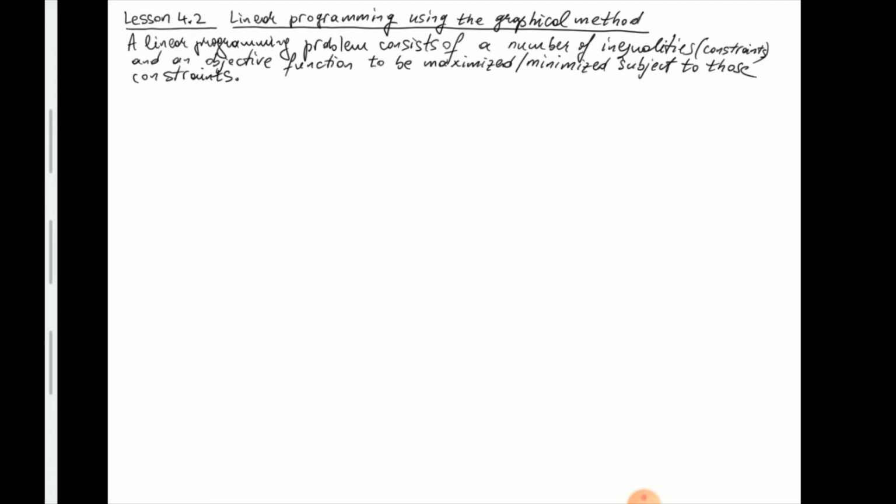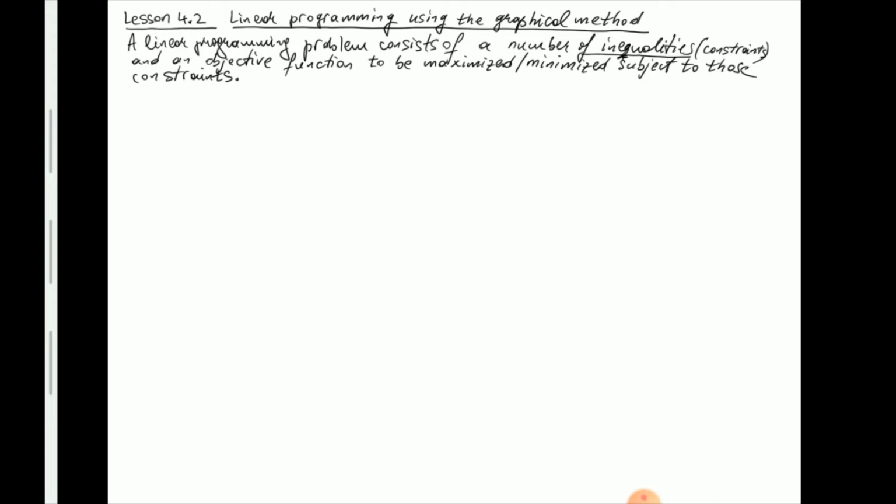So all linear programming problems will have two parts. You will have a number of constraints, which basically is a number of inequalities. So you will always have a system of inequalities. Those are the conditions or the restrictions of the problem.